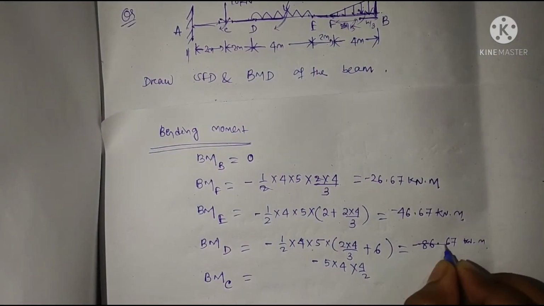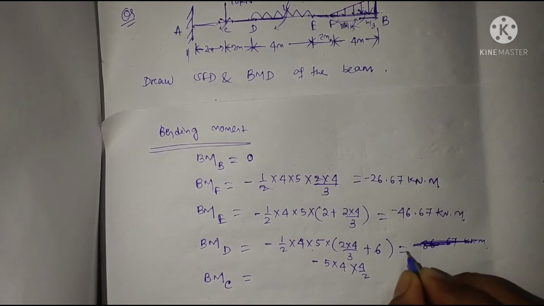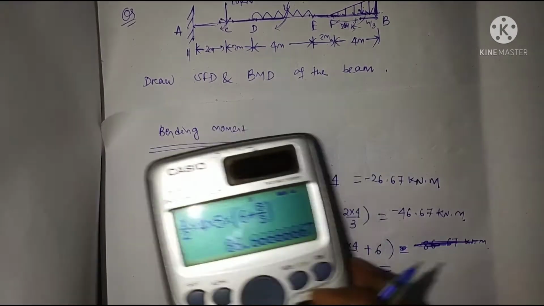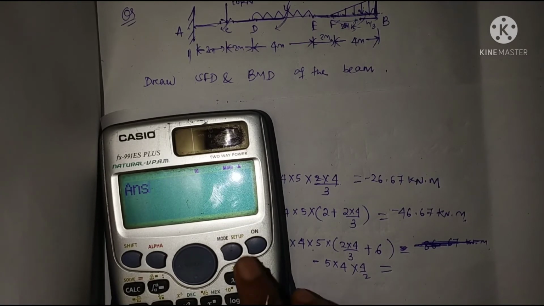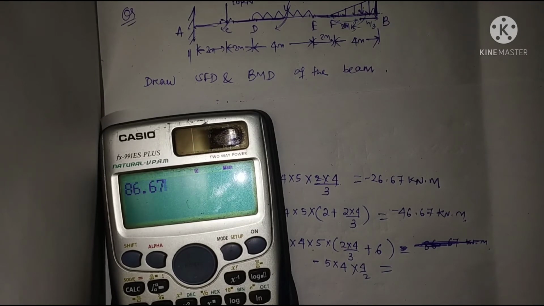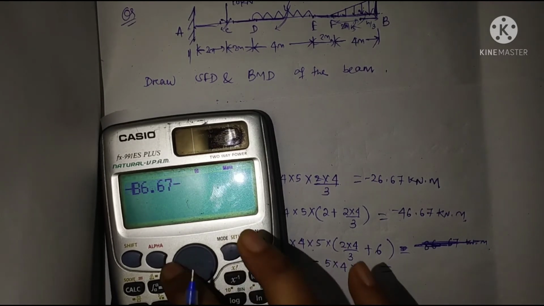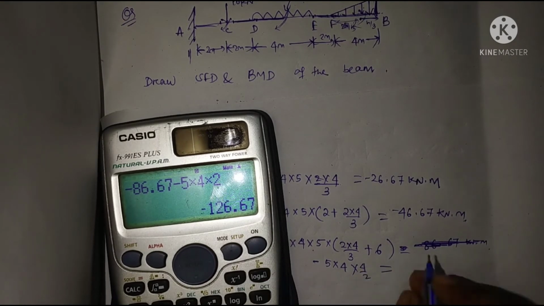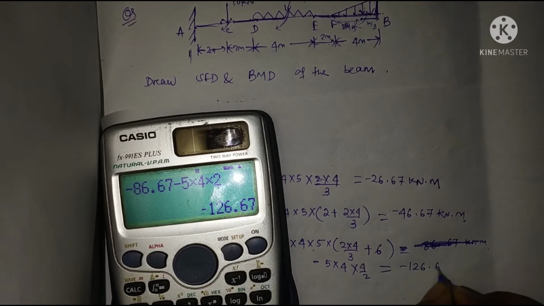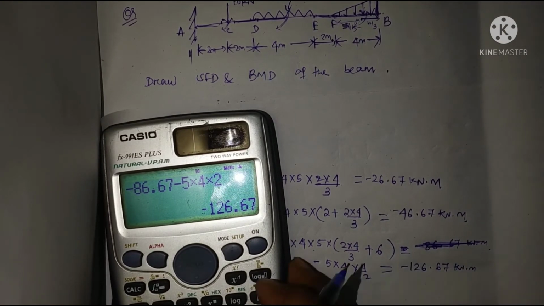Just add it. I'm extremely sorry for my mistake. Now add also this: minus. This comes out to how much? 86.67, this will also be minus, and here minus 5 into 4 into 4 by 2, which is 2. The total is minus 26.67 kilonewton meter.